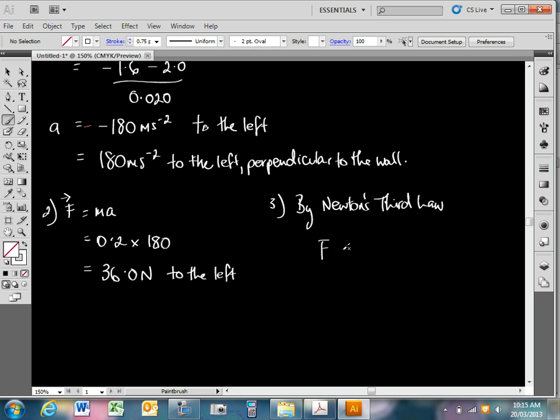The force is equal in magnitude, opposite in direction. Perpendicular to the wall, at right angles to the wall.